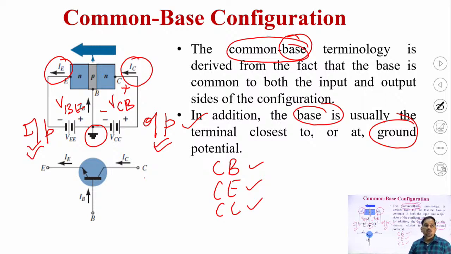Now we'll see what a characteristic is. Characteristics are basically the curves between the current and voltages corresponding to the input terminal and the output terminal.